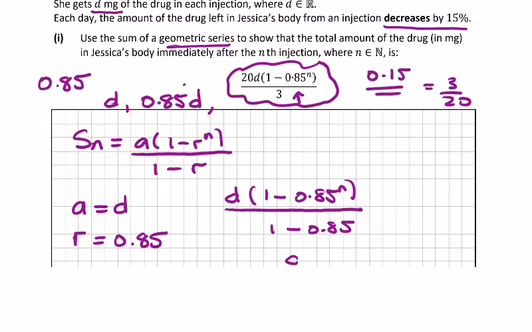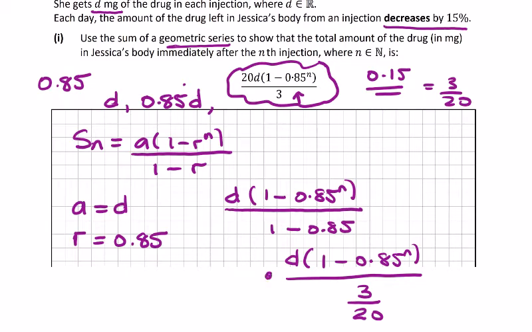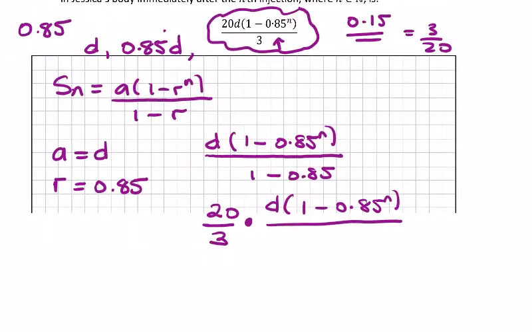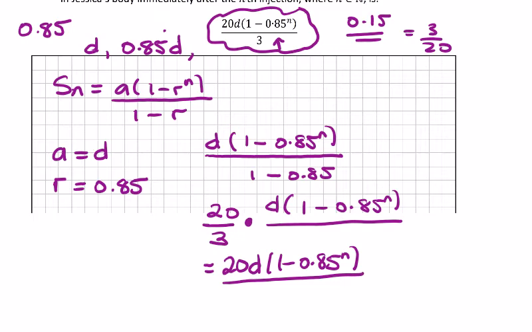So we're going to get D times 1 minus 0.85 to the power of n divided by 3 over 20, just to show you what happens when we divide by a fraction. Well, we turn it upside down and multiply, so it becomes 20 over 3. And that disappears, so you can see we get what we're looking for, 20D. Just converting fractions to decimals and not the other way around. 1 minus 0.85 to the power of n, over the 3 gets left on the bottom.